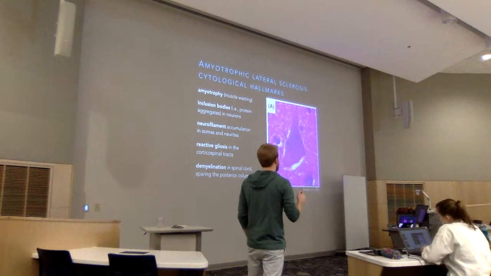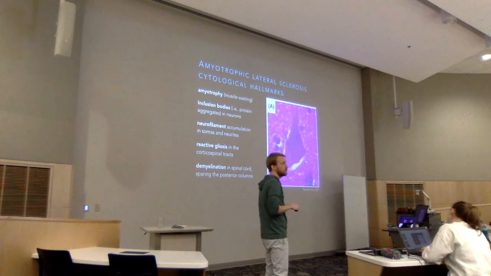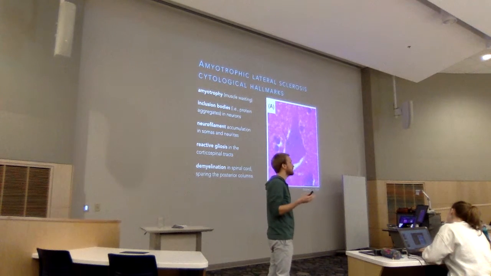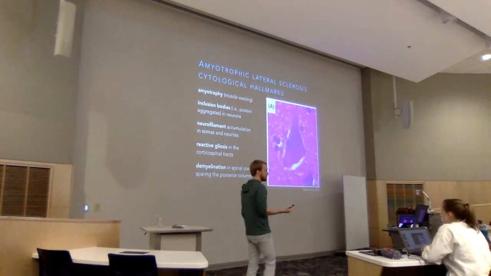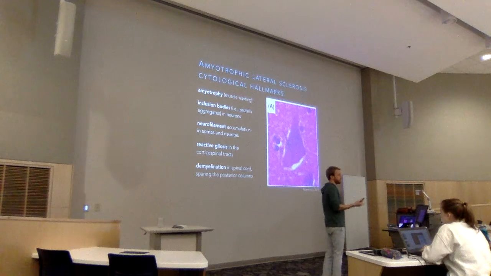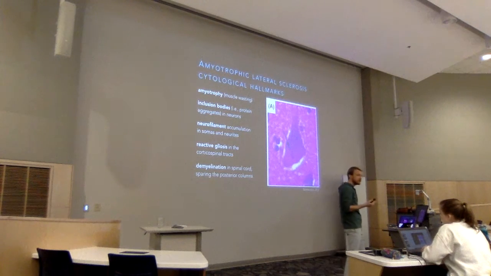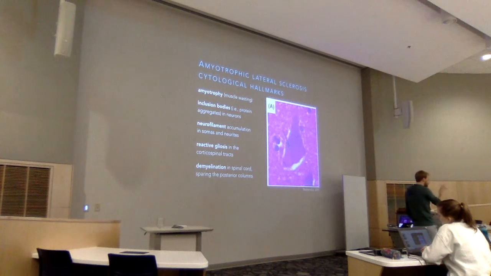We'll also see the accumulation of neurofilaments. These are intermediate filaments in neurons, parts of the cytoskeleton that help keep the cell together. When you have cytoskeletal issues, you will have difficulties moving proteins around, although they don't use intermediate filaments. Intermediate filaments still help stabilize the cell, and they can get in the way of microtubule transport.